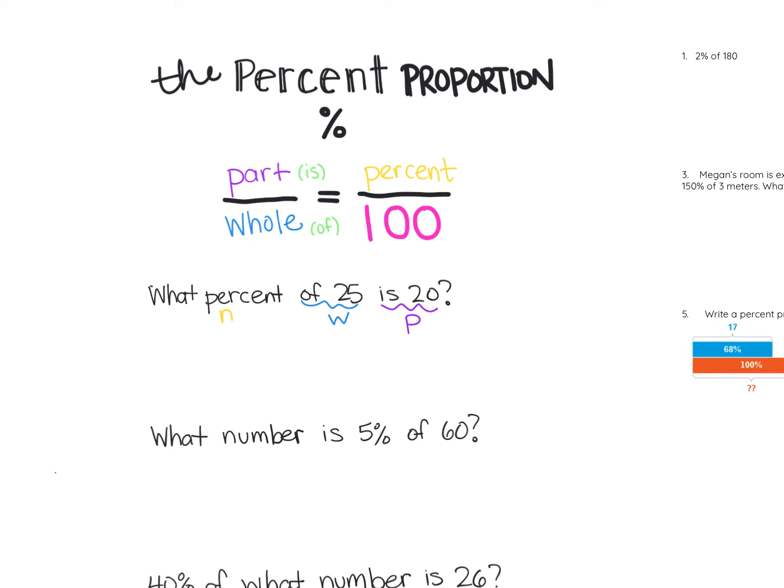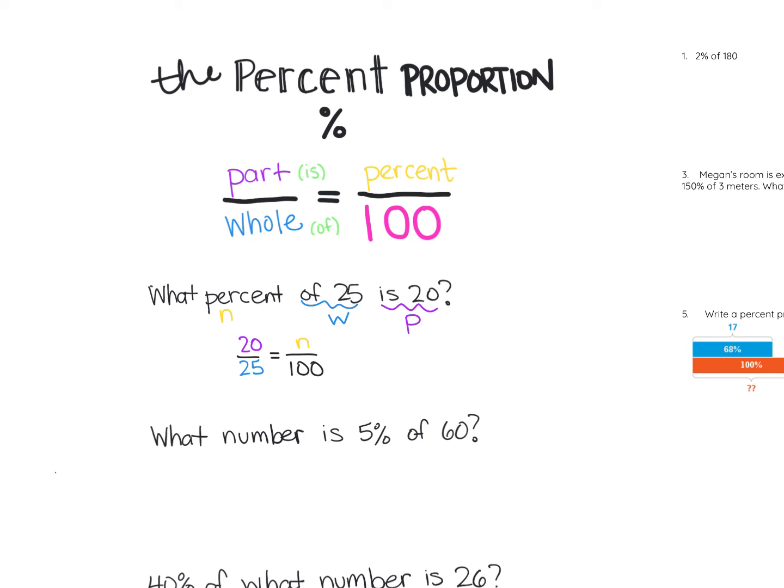And I'm using those words is and of to help me figure that part out. So I'm going to start with my skeleton of my proportion. I always plop the 100 in there first. Since the percent is what we're looking for, I'm going to leave that as a variable, and then I'm going to plug in 20 for my part and 25 for my whole.